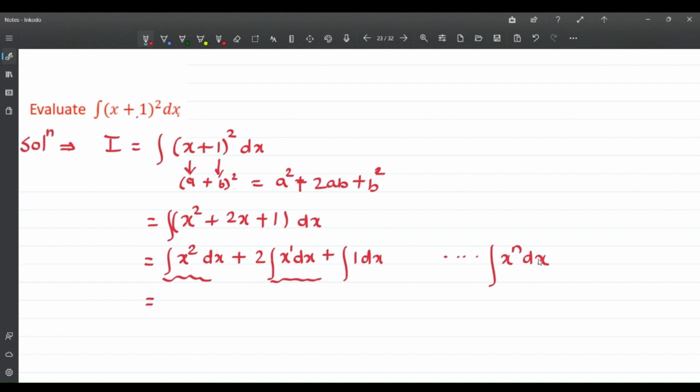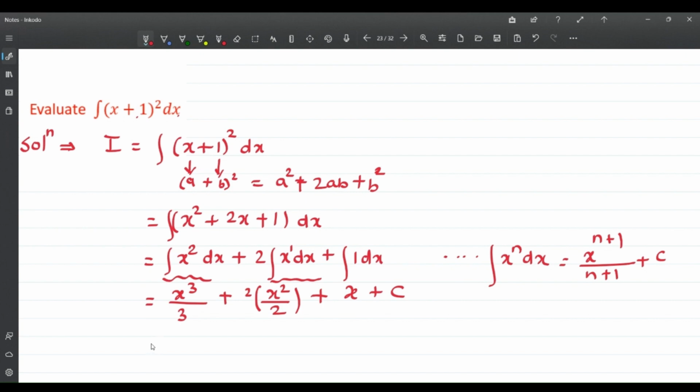So x raised to n dx is x raised to n plus 1 divided by n plus 1 plus c, which means the power of x is increased by 1. That is x cube divided by 3, plus 2 times x raised to 1, where the power is increased by 1, so x square divided by 2, plus integration 1 dx, which is x, plus c.